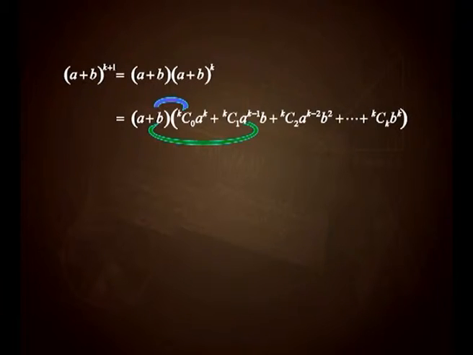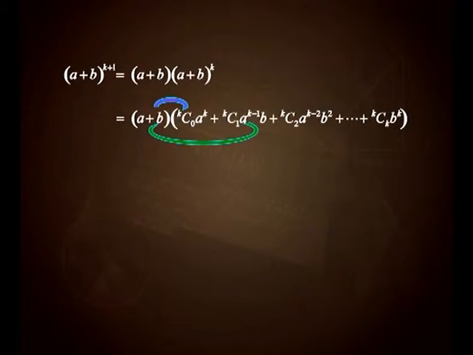Now, as I open up this entire product, I work a little more carefully, and with that little precaution things will become easier. So, I am not going to expand just blindly. What I am going to do is, I am going to take this a plus b and very carefully multiply it with the first term of the expansion of a plus b to the power k. So, what happens?